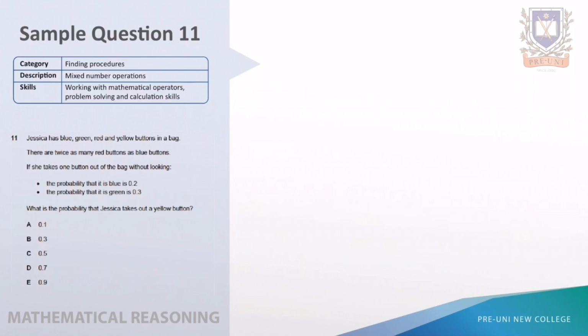So the first step that students can do is to just write out the different colors that are mentioned. So blue is represented by B, G is green, R is red, and Y is yellow.